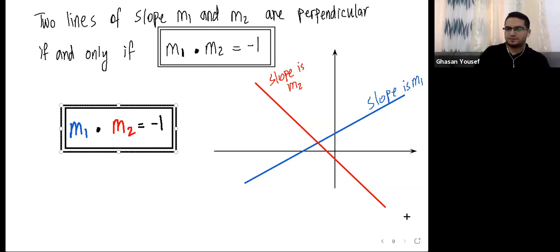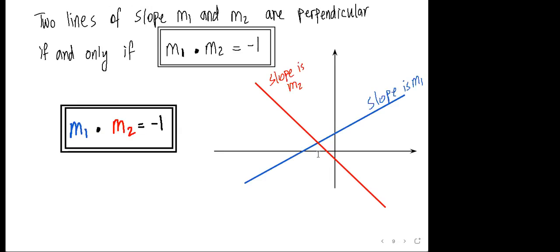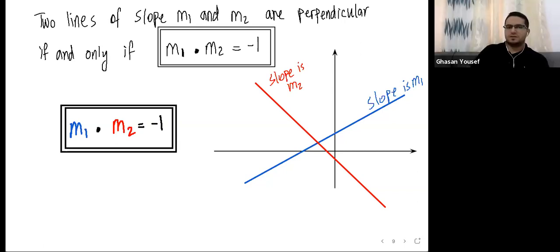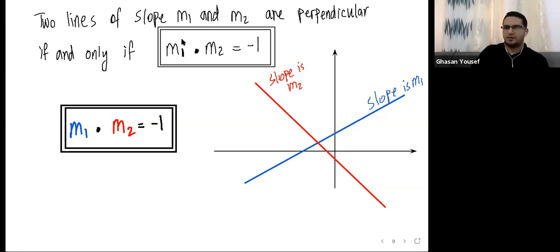Example for this. For any perpendicular line, the slope is always going to be the negative reciprocal. Yes. So if I need to find the slope m1, if this is unknown and this is given, you can find the slope m1 by the negative of the reciprocal of m2.